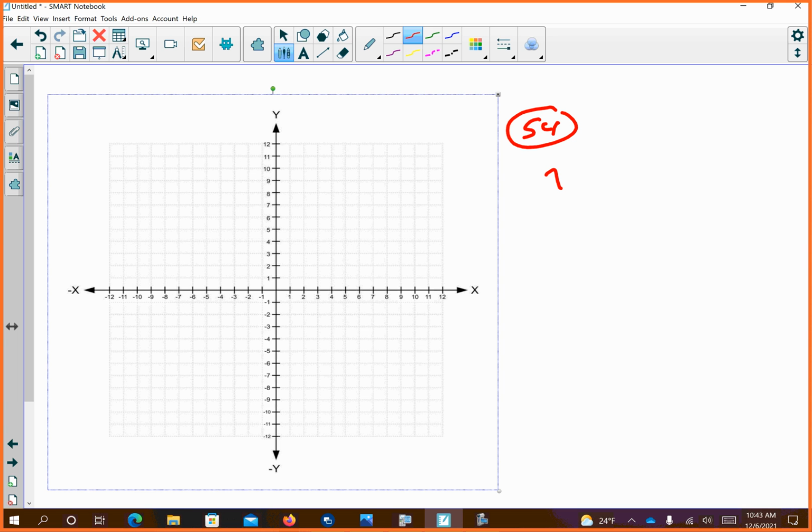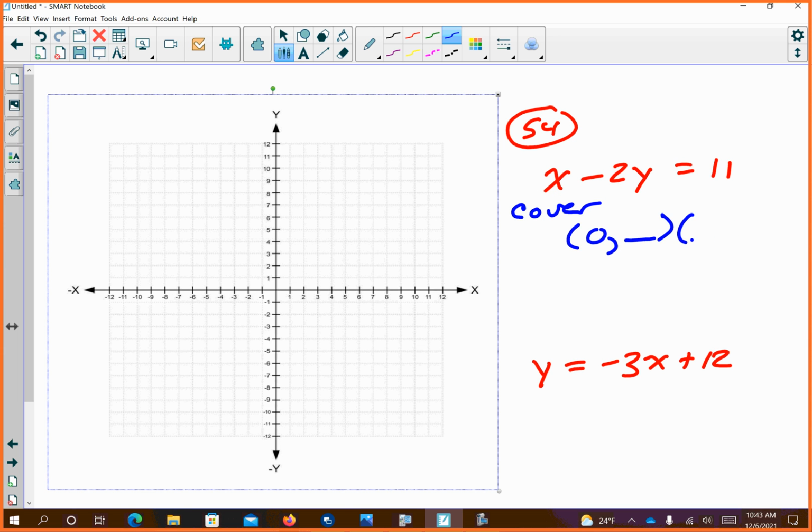All right, so this one, I'm going to graph both of these. I would say let's use the cover method on this one. So cover method: 0 comma blank, blank comma 0. Okay, so this is an x value.